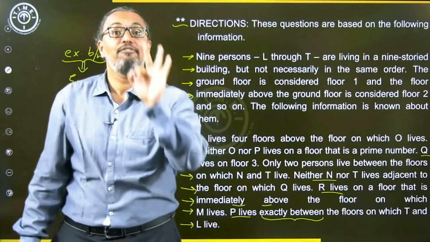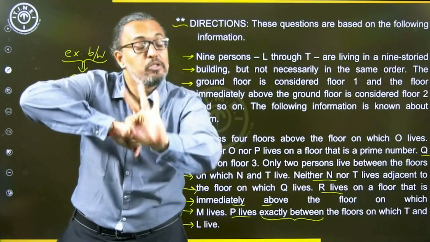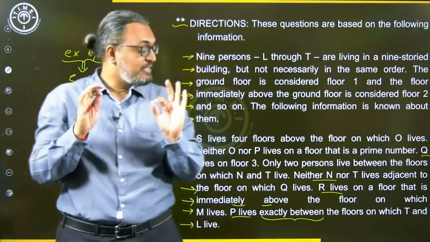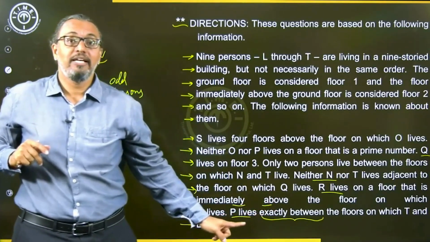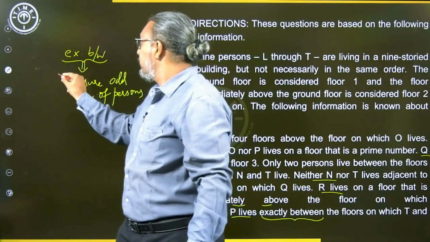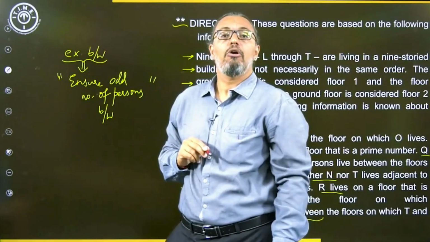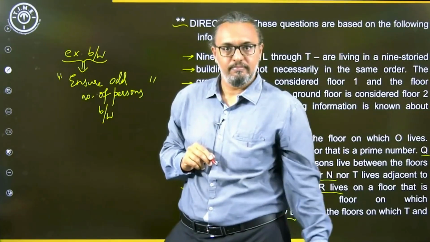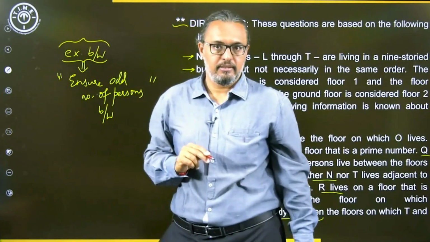Now, see, if I have 3 persons between, can I choose exactly between? Yes. So, any odd number you pick, exactly between will be available. So, whenever we have the word exactly between, this is what you need to always remember. Ensure an odd number of persons between. Understood the point? Okay. So, remember it like this.